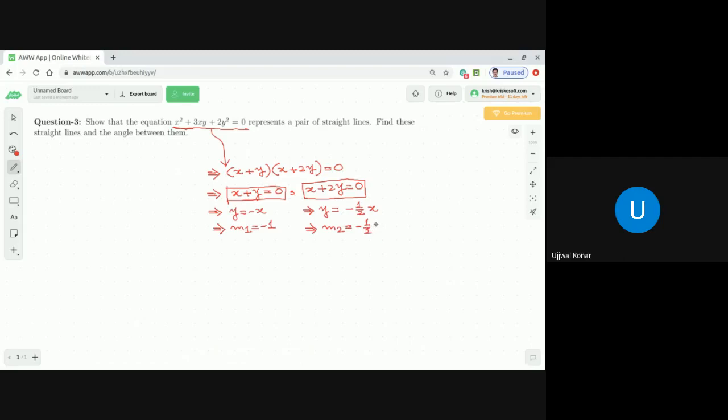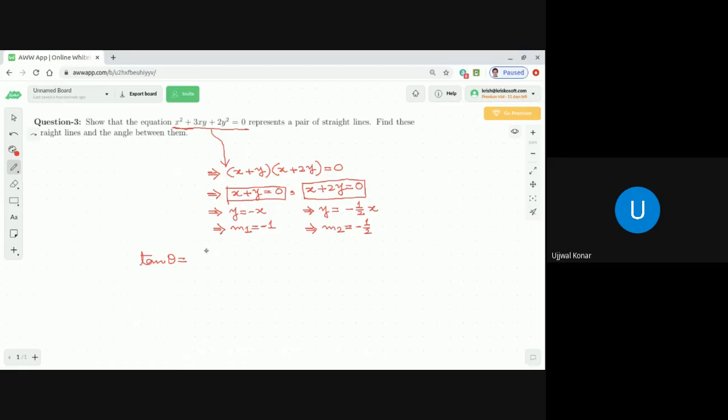Now, if we assume the angle between them is theta, then what is tan theta? There are two ways we can find it.